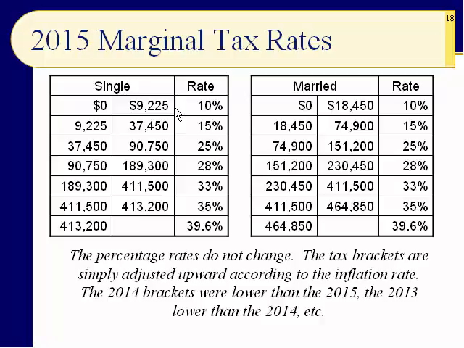It's still 10%, but instead of the first $9,275 being taxed at 10%, it was only the $9,225. So the brackets are adjusted upward according to inflation. If it seems a little tricky, it's maybe not the most straightforward way to do it, but it works.